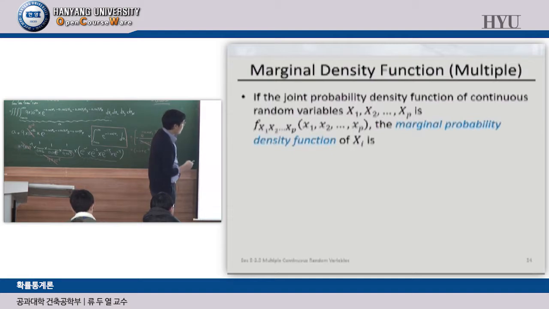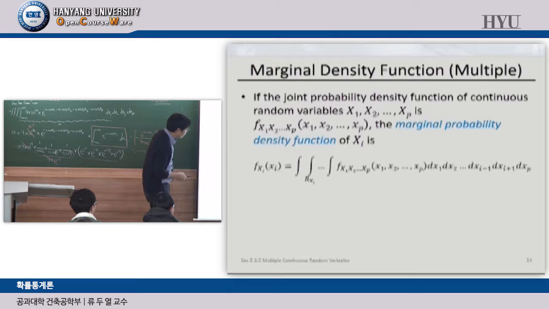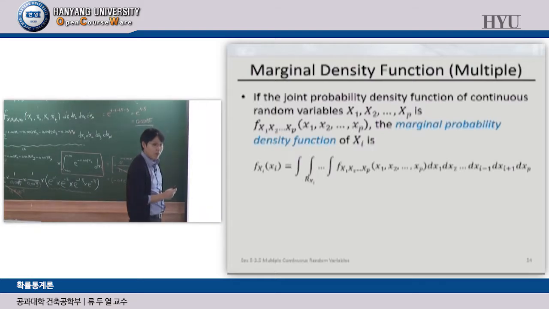In that case, the marginal probability density function of xi is given by the following equation: f(xi) is equal to the integration of the joint probability density function over the region R(xi). This is the same formulation as the previous marginal probability density function with a single random variable, right?